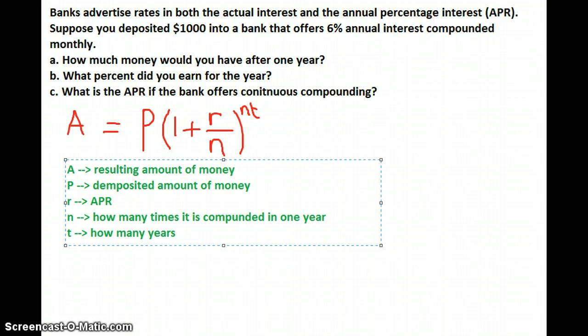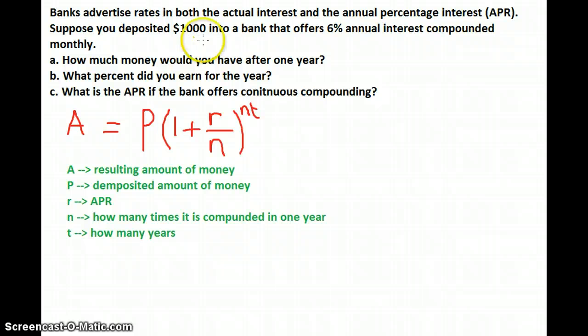So if we look at this problem right here, A, we're looking for that because they're asking how much money would you have after 1 year. So what is your resulting amount of money? Now, they told us that we're depositing $1,000 and our annual interest is 6%, which is our annual percentage interest. And so our P is 1,000 because that's what we deposited, and 6% is the R. But I want to tell you that we're always going to put that in decimals.